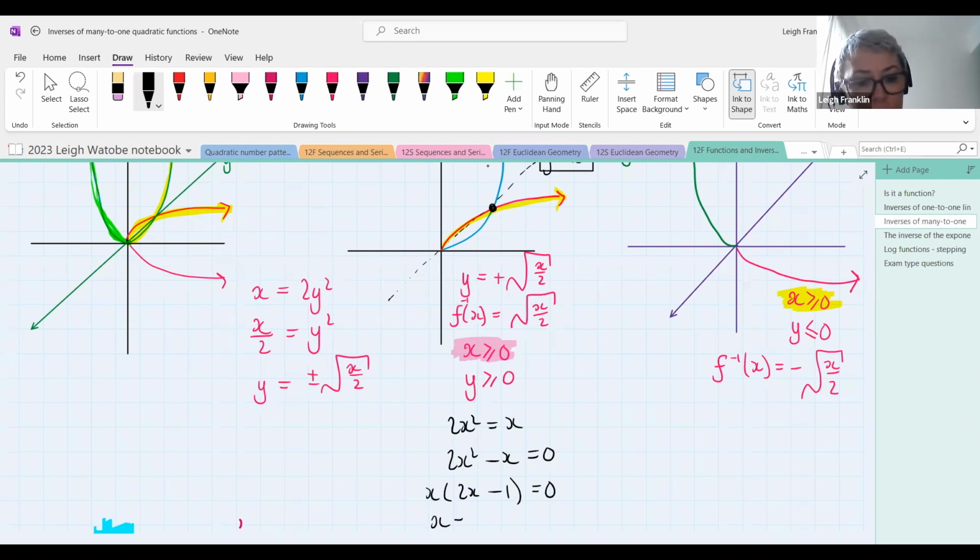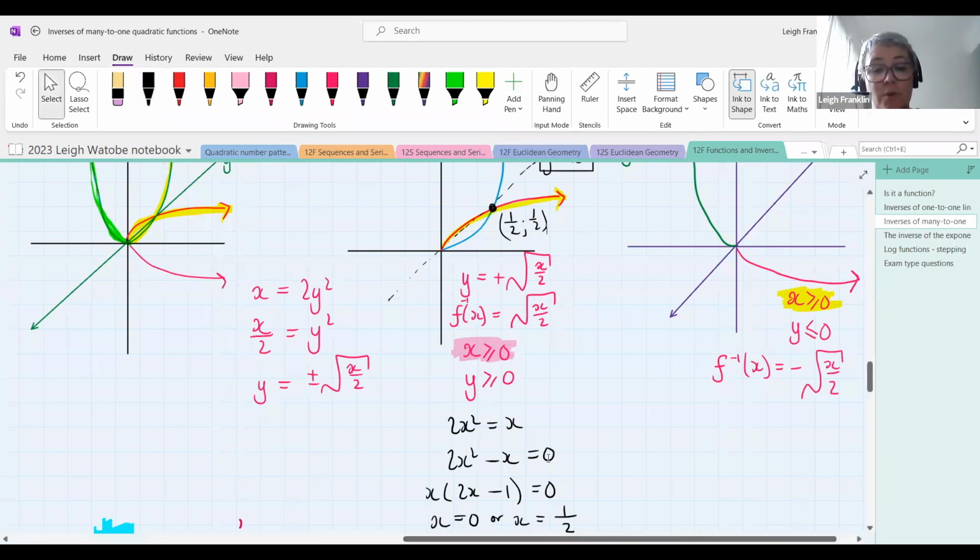So either x would be equal to 0, or, sorry, I should have put the or in, x is going to be equal to, take the 1 over to the other side and divide by 2, 1 over 2. So this point of intersection over here would be at 1 over 2 and 1 over 2, because remember, y equals x. So that's something else that they could also ask you to do.